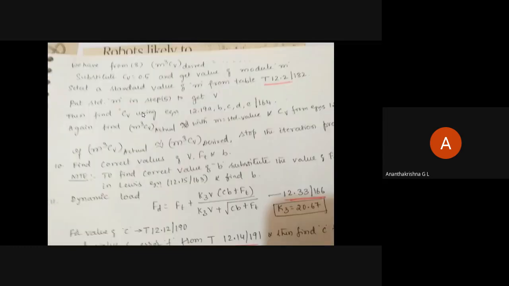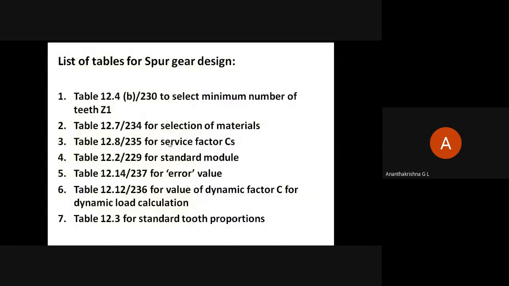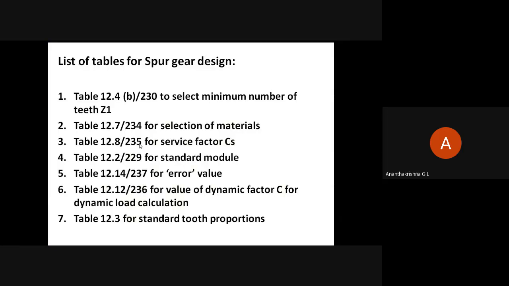P is power in kilowatt over here. Cs is a service factor. For the service factor Cs, you refer to table 12.8 on page number 235. Please go to page number 235, table 12.8, and look for service factor Cs.